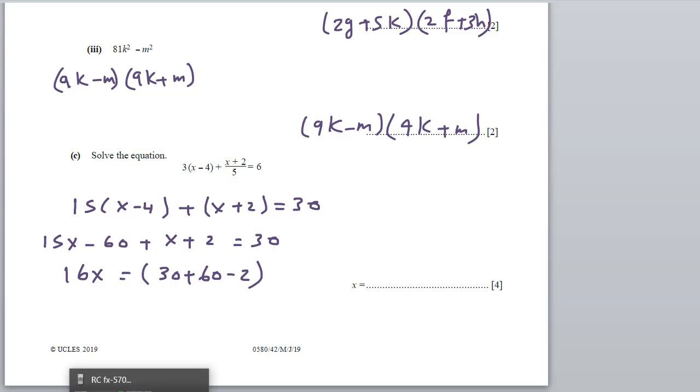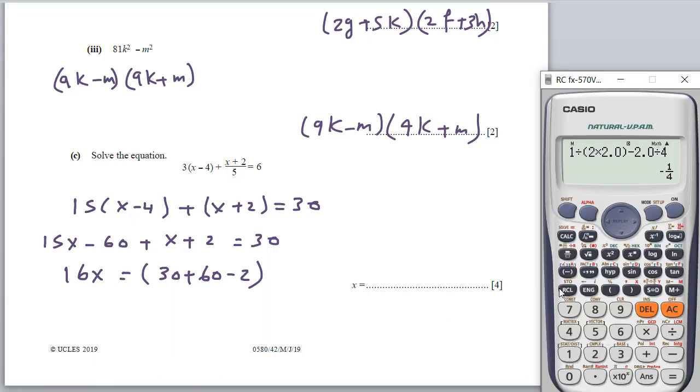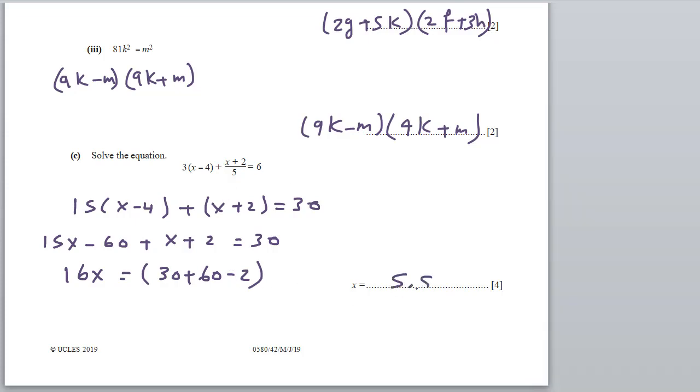So x will equal, let's bring the calculator, open the bracket, 30 plus 60 minus 2, divided by 16. So x is equal to 5.5.